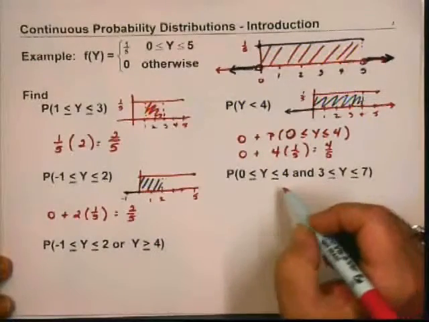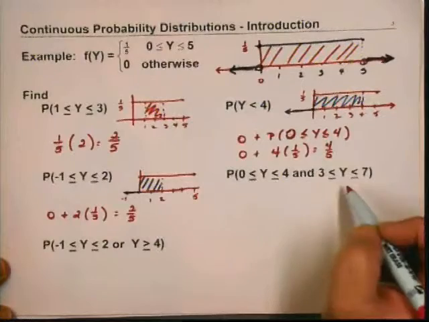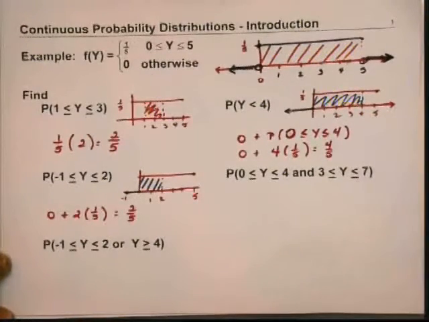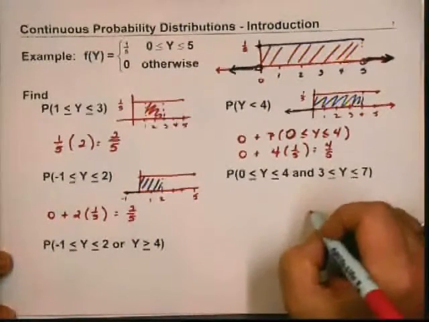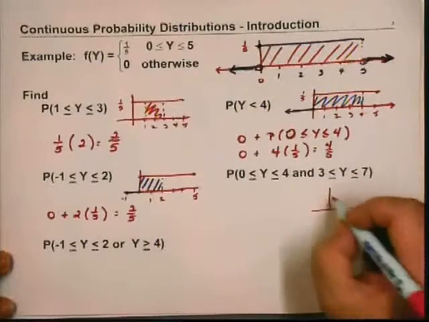Logical and here, so that y is in the closed interval 0 to 4 and in the closed interval 3 to 7. All right, so what we're looking for, logical and means both must be true, right?